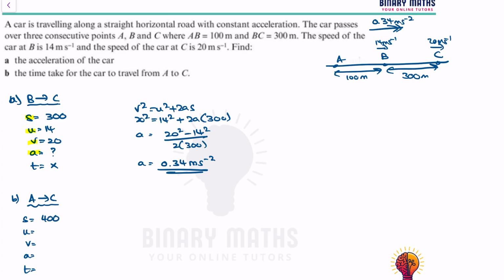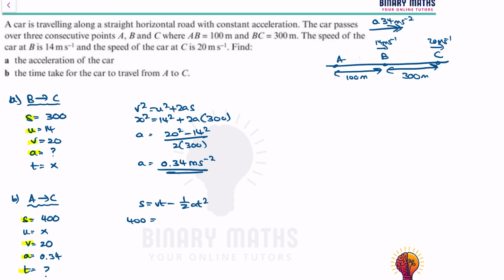The initial speed, we don't know. We weren't given it. The final speed is 20. We know the acceleration is 0.34 from part A, and time is what we're trying to find. So what we have in front of us is SVAT. So the formula we use is S is equal to VT minus half AT squared.